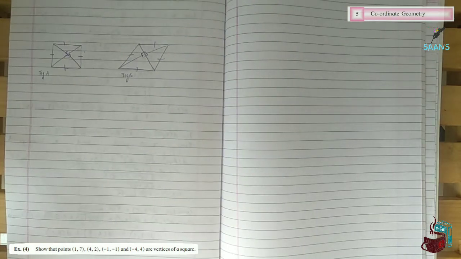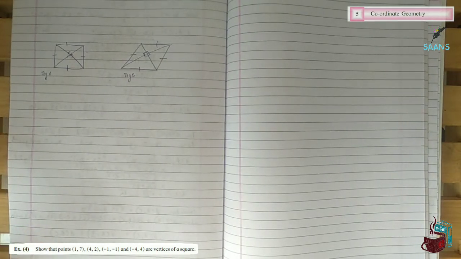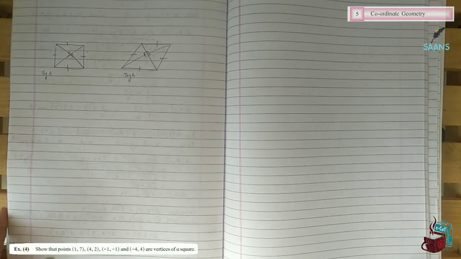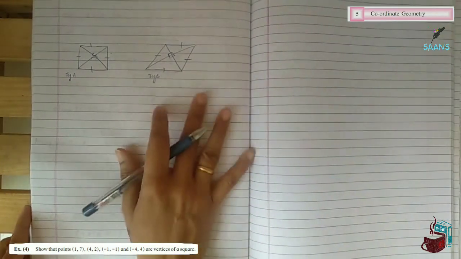So now the 4 points are given. Let's start with the sum to prove that they are vertices of a square. In order to prove the vertices of a square, we will have to prove that all four sides are equal and the diagonals are equal to each other. So let's start.